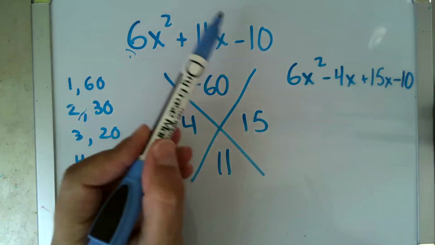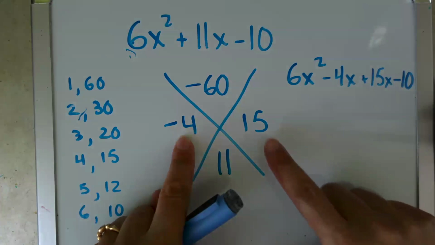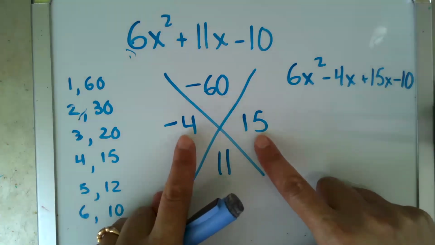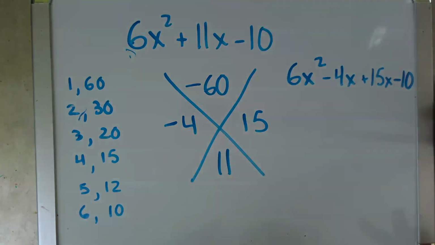But we've re-represented 11x as minus 4x plus 15x. That's what we were doing down here: finding the coefficients of our inside and outside from our FOIL. If FOIL is not familiar to you, go take a look at this video. Otherwise, we're going to continue on by grouping.